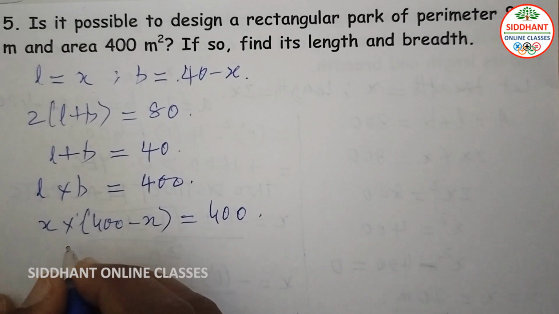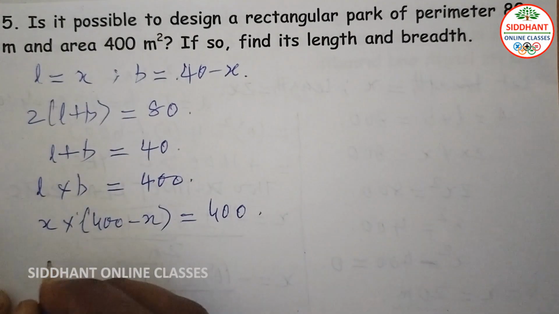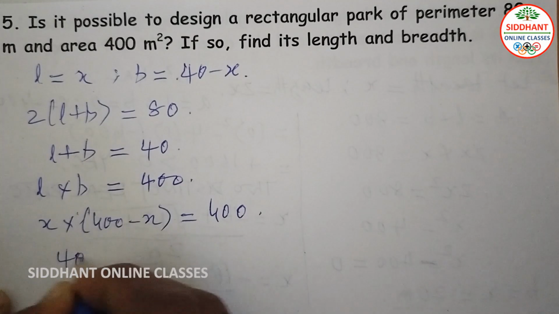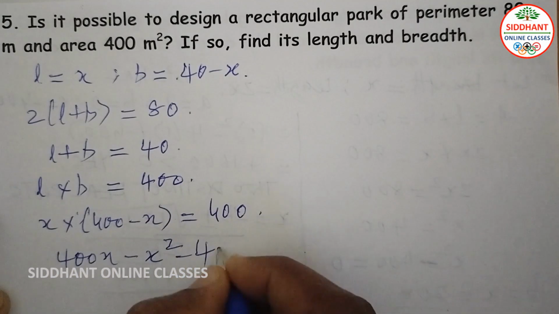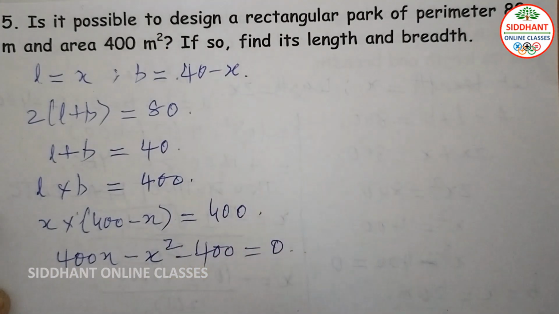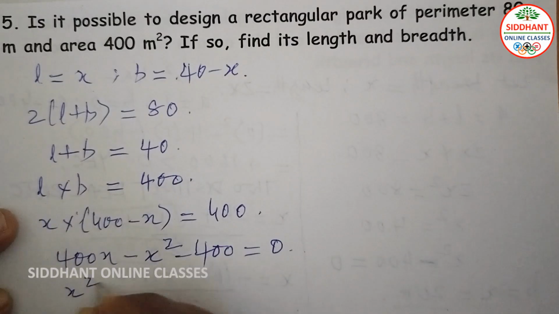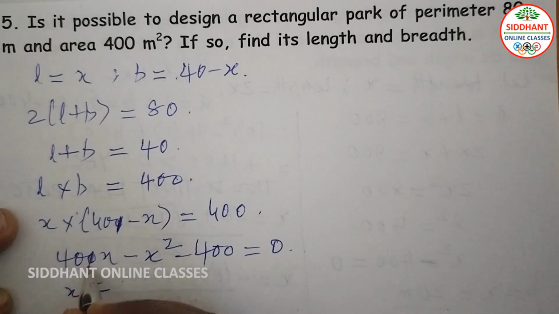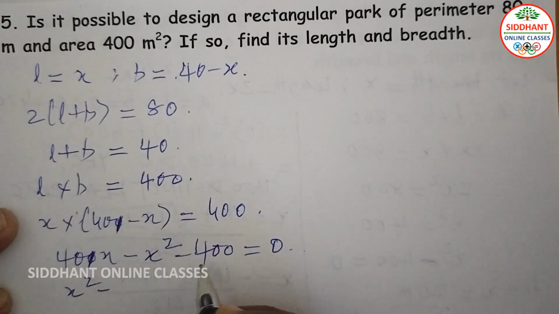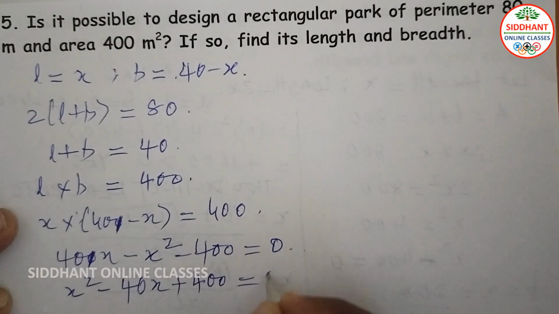So when you are going to multiply here, we get 40x minus x square minus 400 equal to 0 here. So here x square minus 40x plus 400 equal to 0.